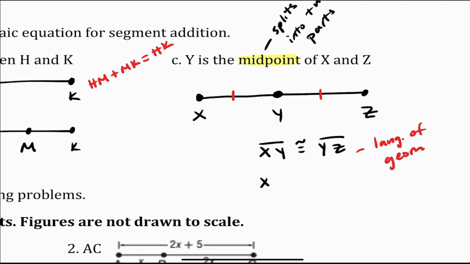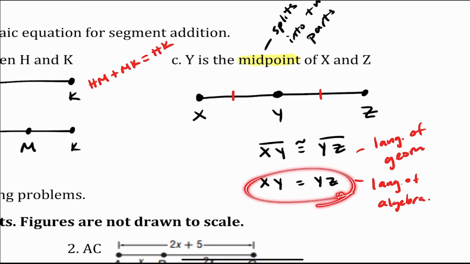And then over here, I'm going to say the measure of XY is equal to YZ because I used an equal sign. That's the language of algebra. All right, so this could be 3, and this could be 3, so 3 equals 3. If I'm referring to this.